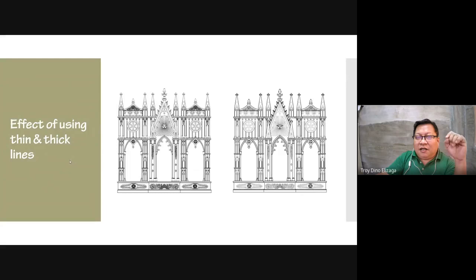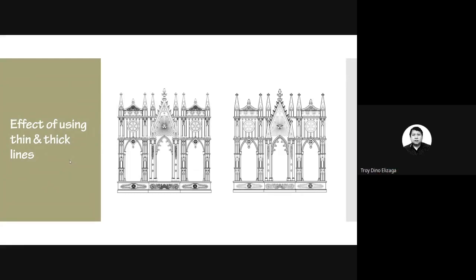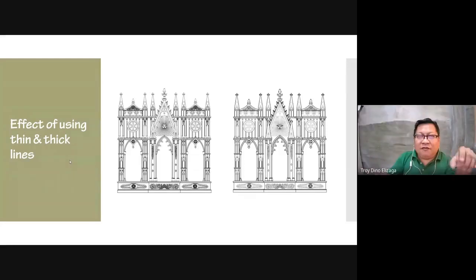But then on the right, the important parts, the important components are thick, and then inside are thin, unless there are divisions. So I use medium lines. So you can see how much enhanced the drawing is, especially around the arches, no, and also along the top.